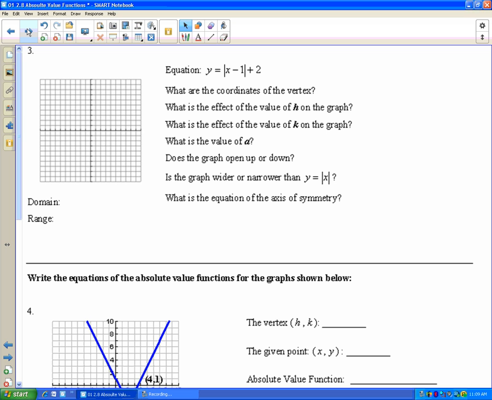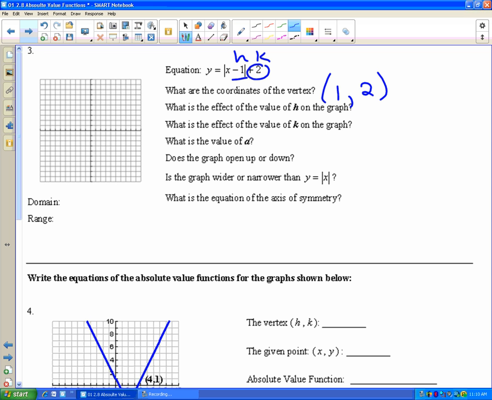Number 3, the equation is y equals the absolute value of x minus 1, plus 2. So what do I see? Well, first of all, the vertex h comma k, I want the opposite of what's inside, so I have 1. I want exactly what's on the outside, so it's 2.